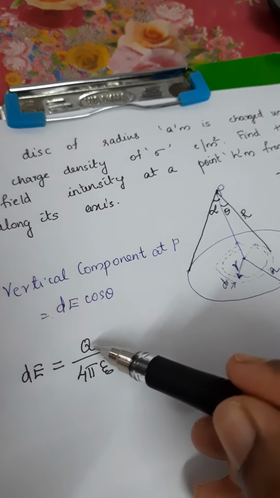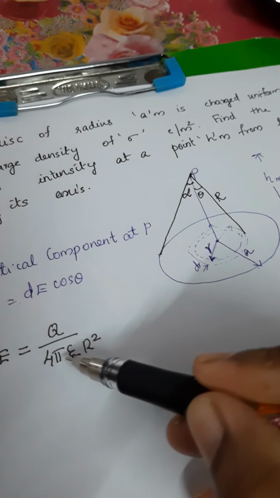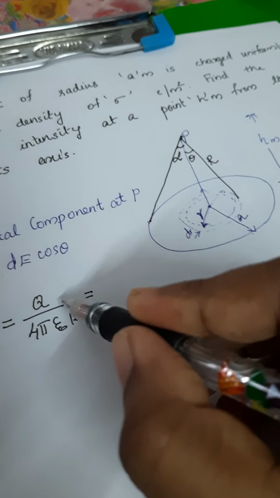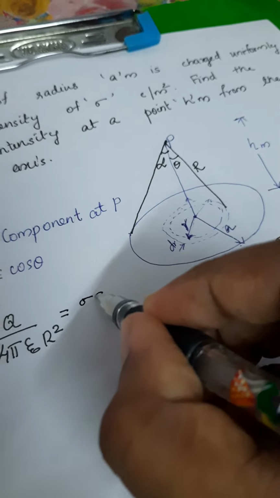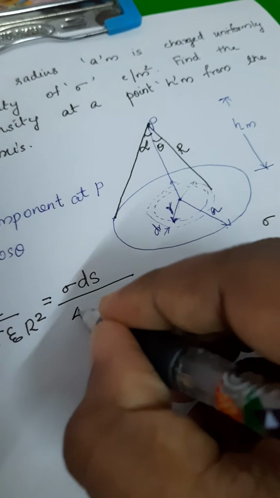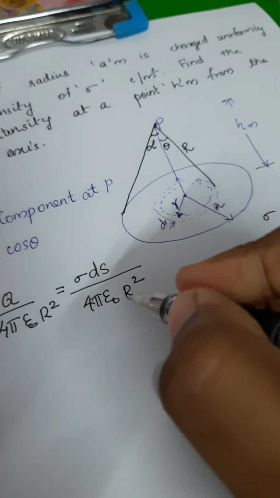The charge due to this small ring gives Q by 4 pi epsilon 0 r square. Then what is the equation of Q? Q we got as sigma into ds, divided by 4 pi epsilon 0 r square.